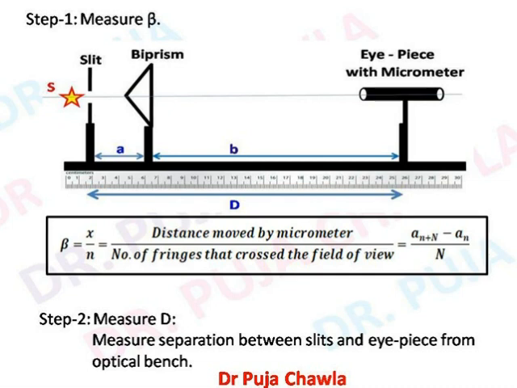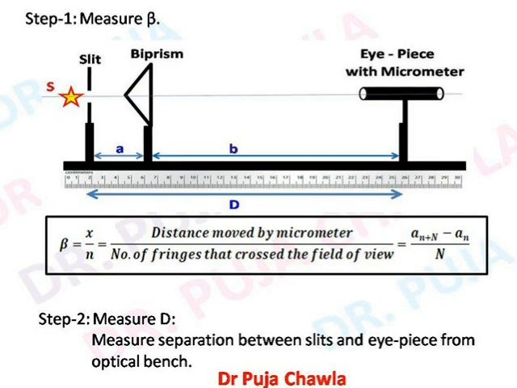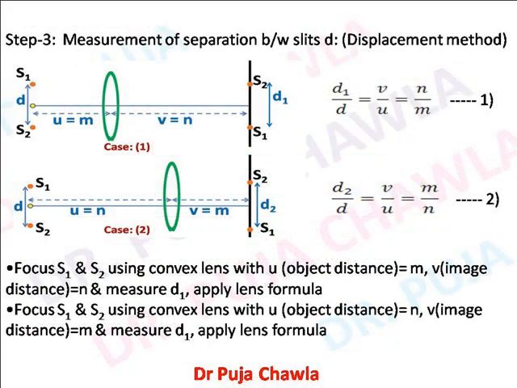Find the separation between them. The separation between the position of the eyepiece and the position of the slit is capital D. So you have two parameters, beta and capital D. Now step number 3, that is small d.